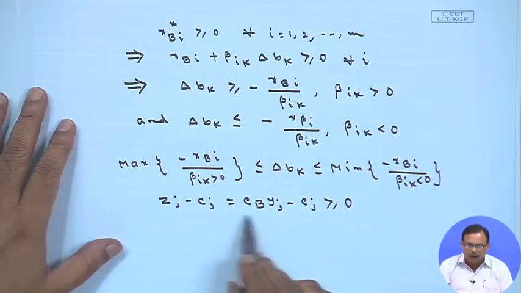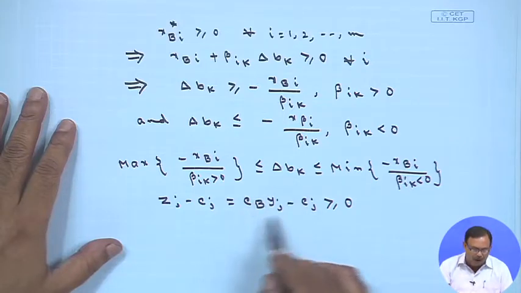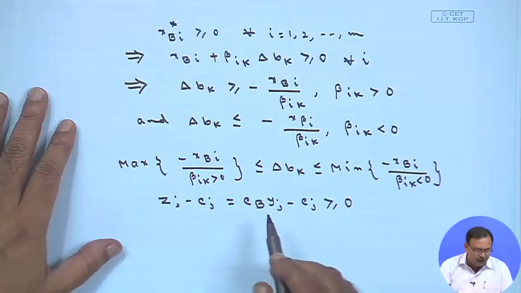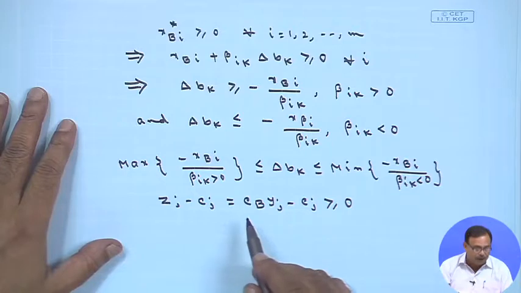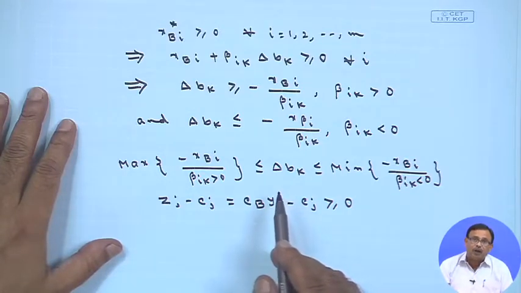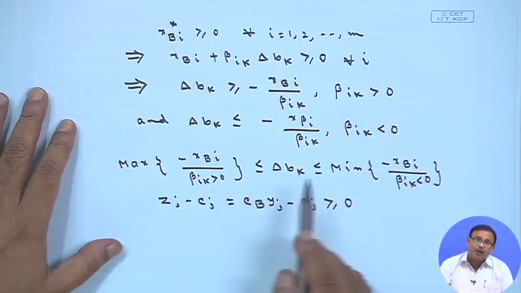For optimality, this condition should be satisfied, and this is independent of b. Therefore, we can say that any variation in the requirement vector will not affect the optimality criteria, but it may affect the feasibility criteria.